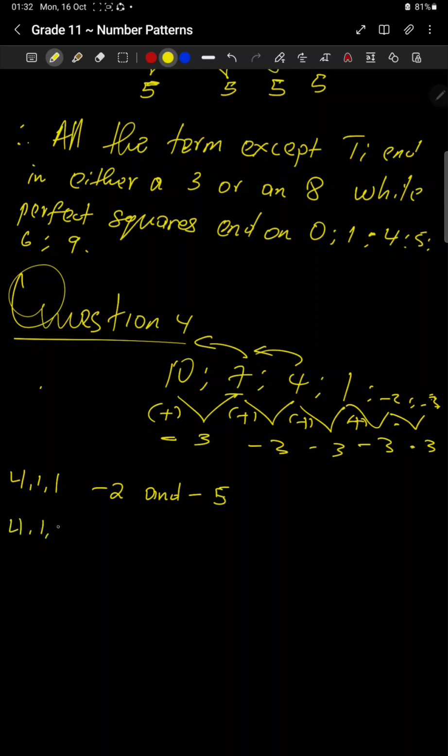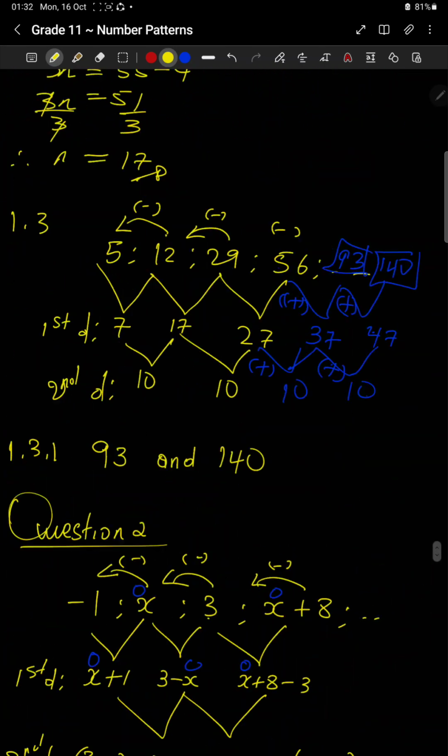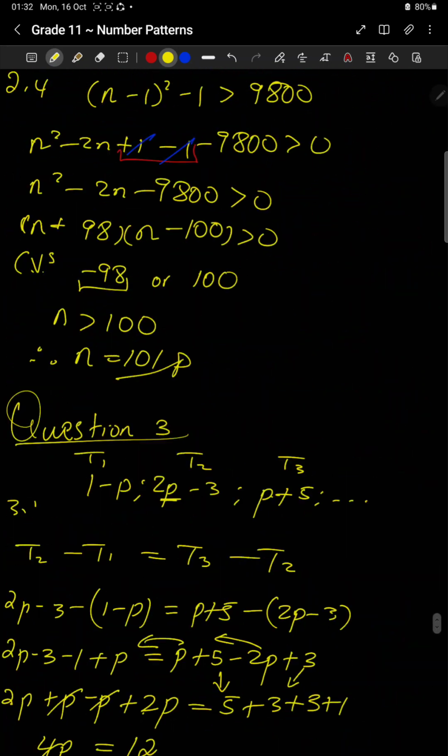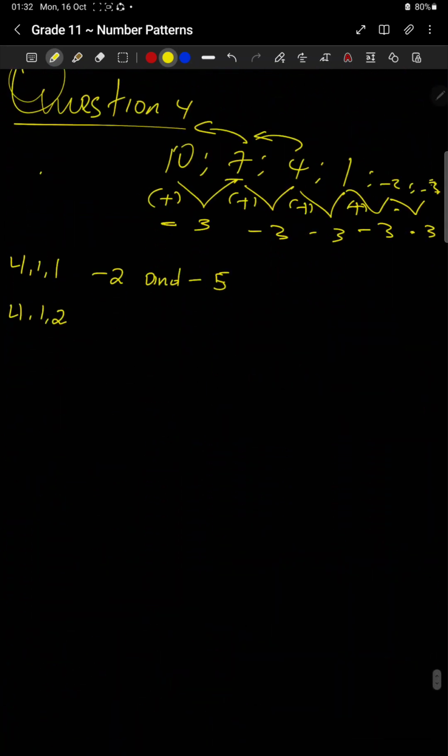And now we look at the next question. It says we need to determine the formula of the nth term. Well, this one is easy. To determine the formula, Tn is equal to -3n plus c, where b plus c is equal to the first term.